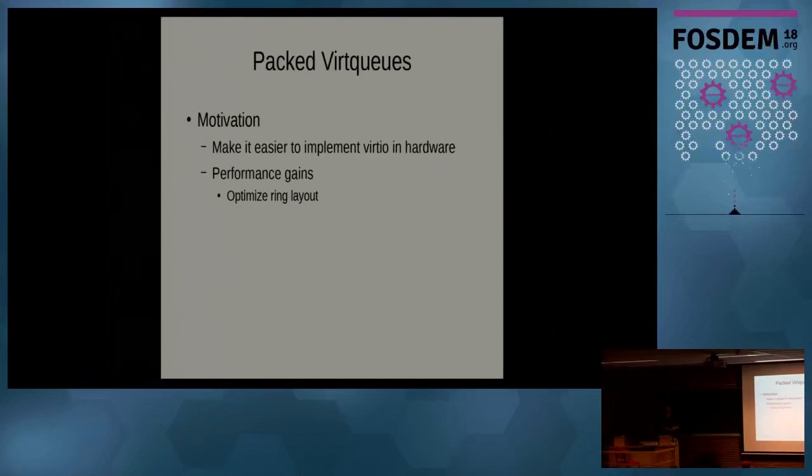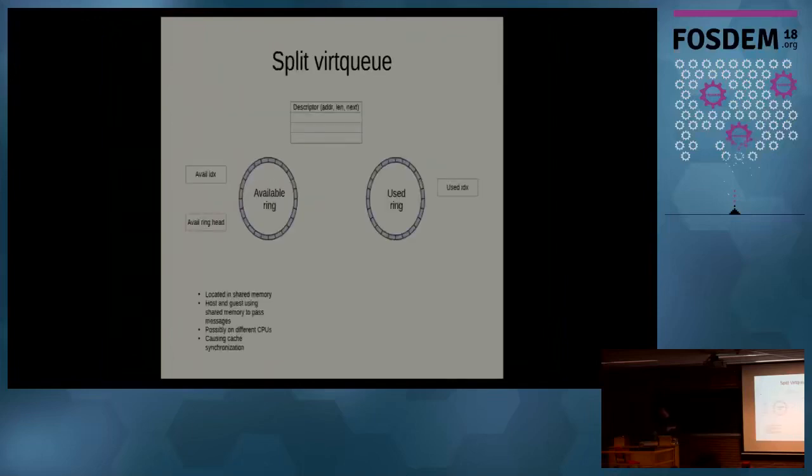So what's the problem with the old way of virtqueues, with split virtqueues? This is what the data structures look like. First, each request is stored in a buffer in memory shared between the driver and the device. The buffer address and length are stored in 16-byte descriptors, in a descriptor table.